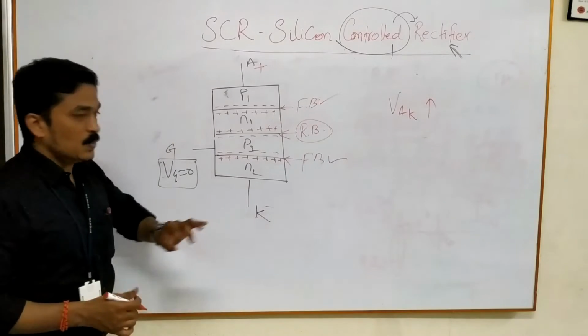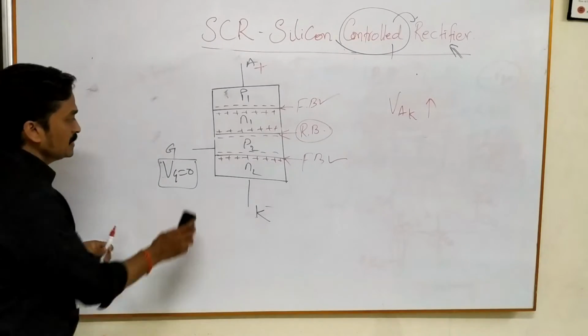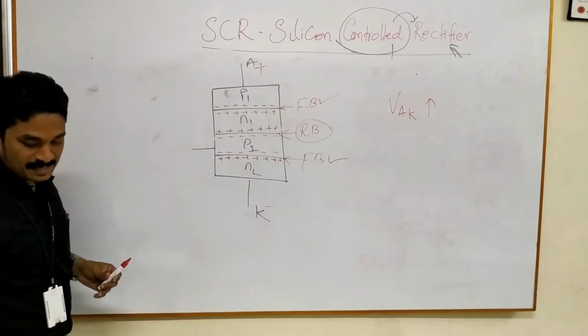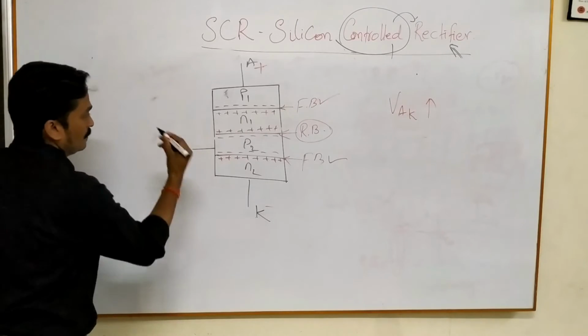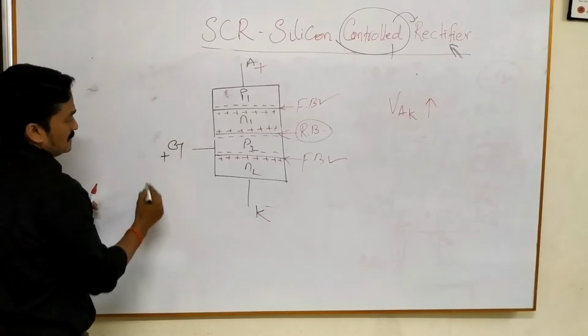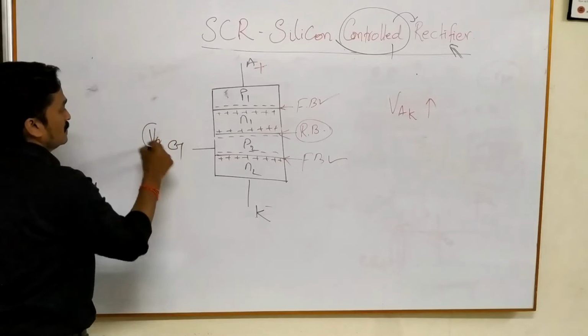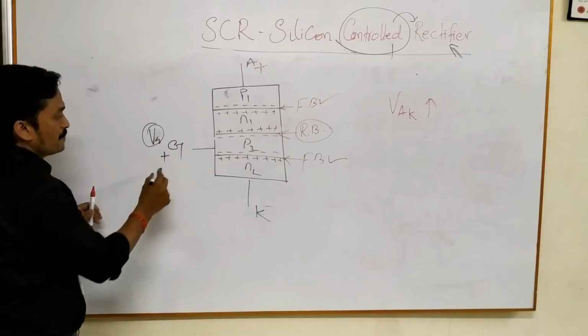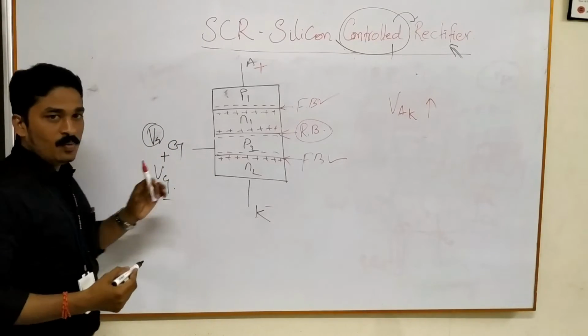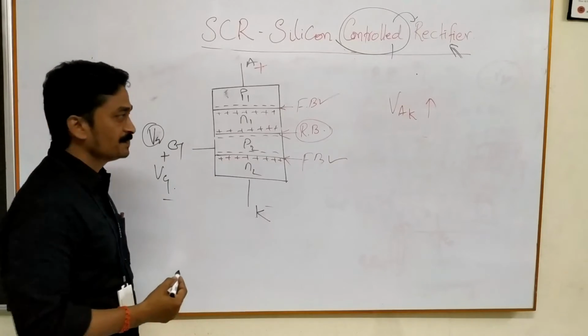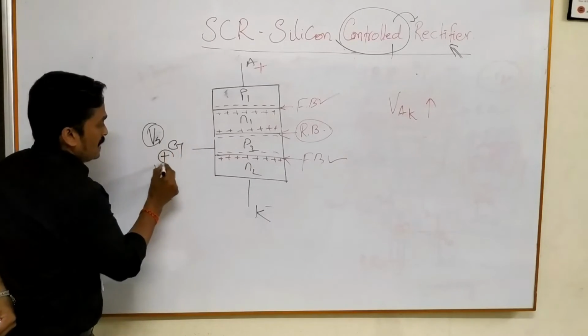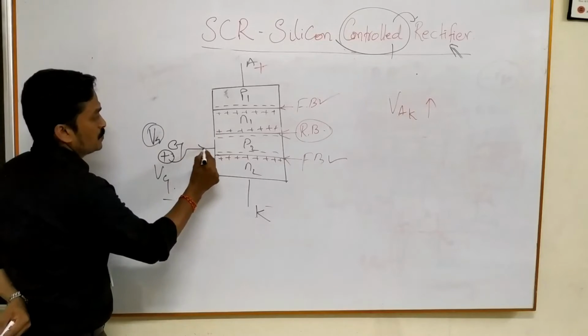Clear? So here comes the important point, which is our gate terminal. Now we apply the gate supply VG, plus with respect to this one. Now what happens in the SCR? So this is plus and we apply this polarity.